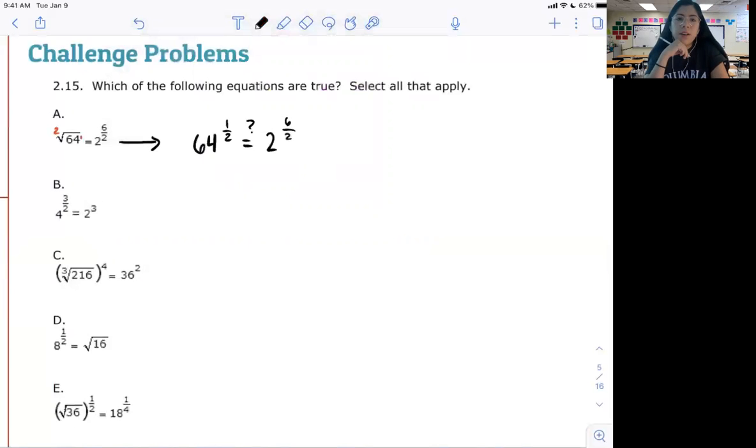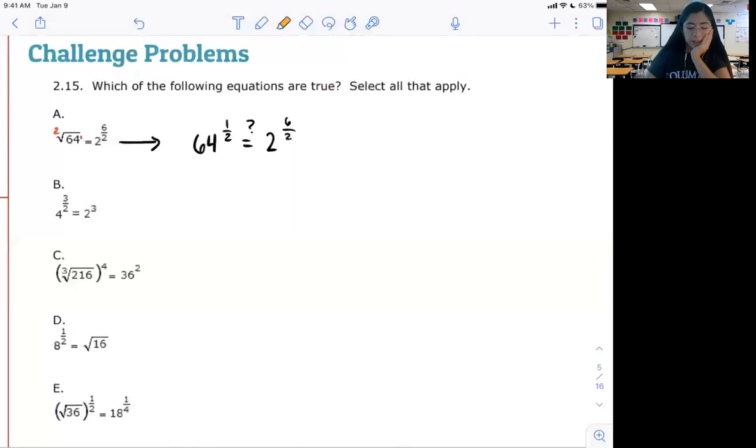Okay. Now, can I simplify anything? The 64. How would I simplify? The 6 and the 2.